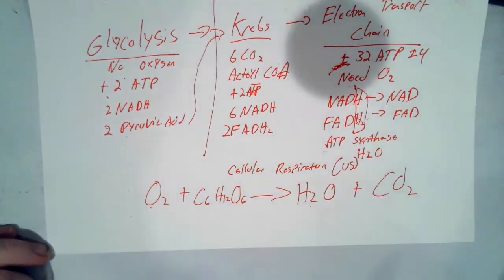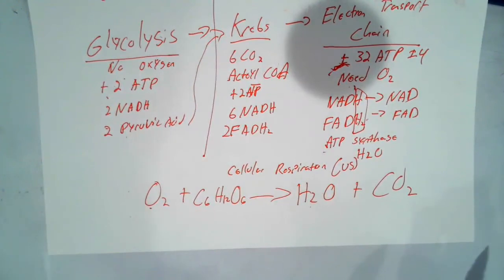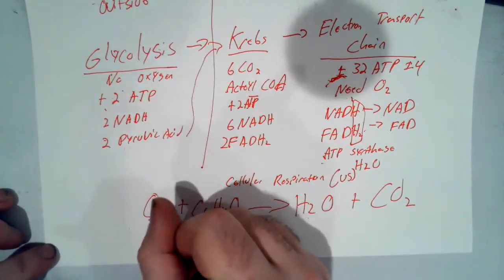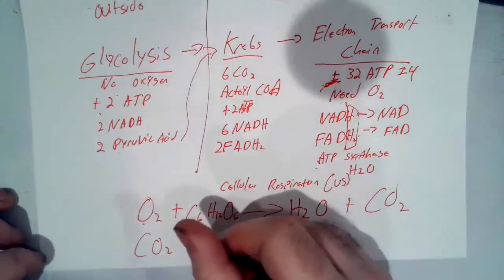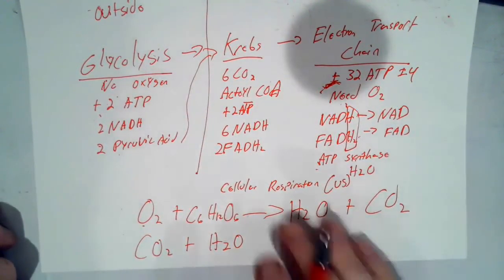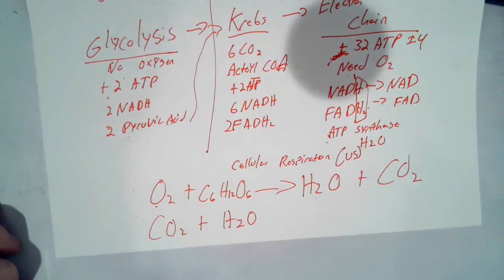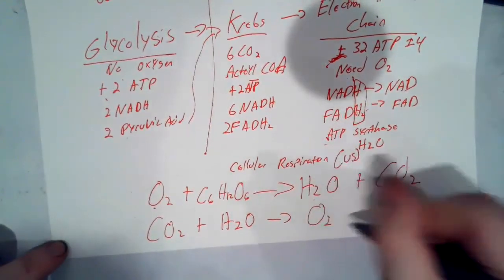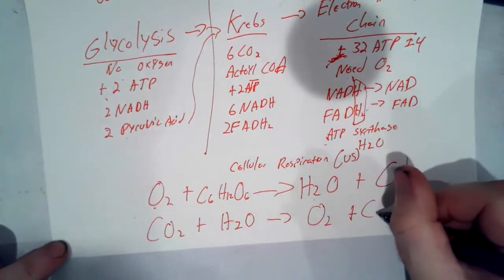Now plants have a different agenda, right? They're going to do the opposite. Plants need carbon dioxide and they need water, right? Because you need to water your plants. They give us oxygen and sugar.